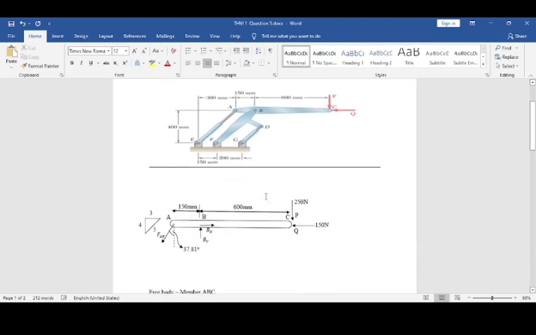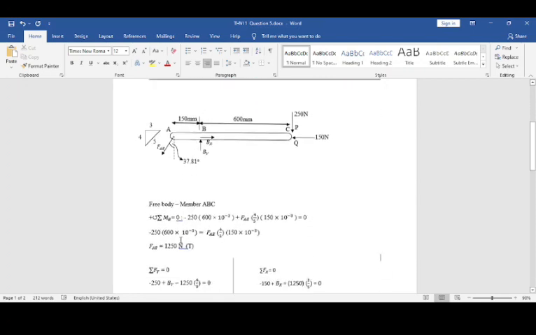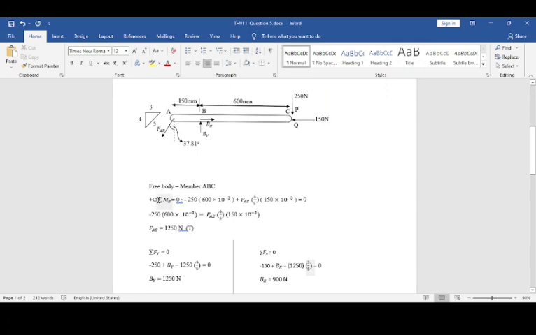So this is the free body diagram for A, B and C over this part. Summation of moment B is equal to 0. So negative 250, because it's anti-clockwise, that's why we're taking negative.